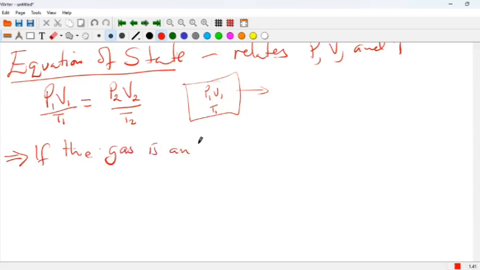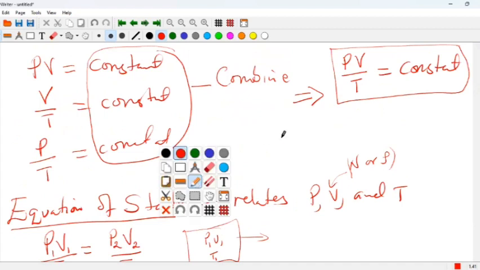If the gas is an ideal gas, we will see that the constant that we talked about here has a particular value.